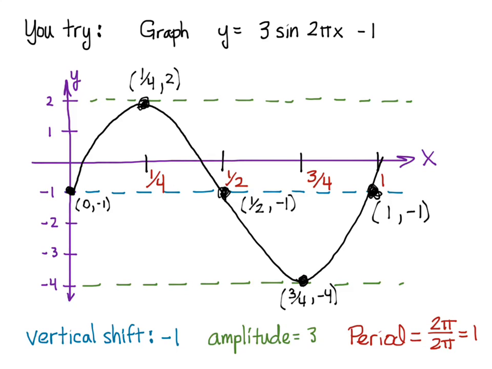Okay, so graph that. So there's no vertical shift, the amplitude is 1, and so what you do is you calculate the period and draw the sine curve in using the period.